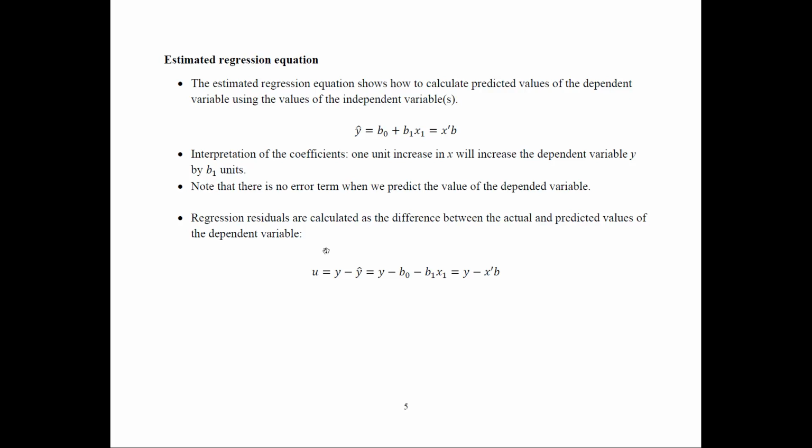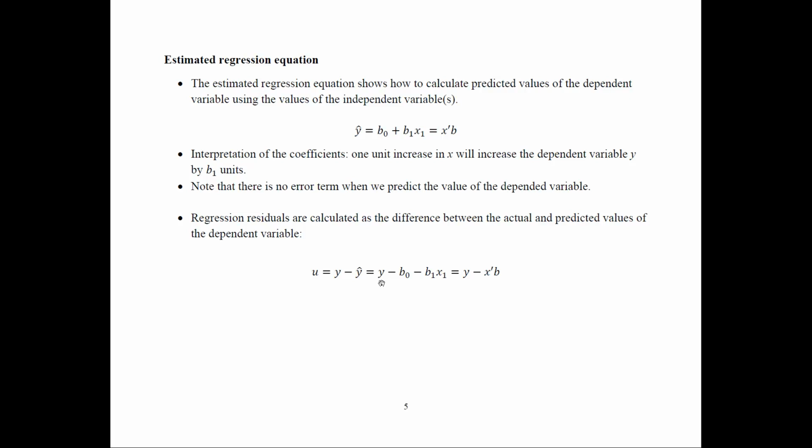So the regression residuals are calculated as the difference between the actual and predicted values of the dependent variable. So u would be equal to y minus y hat. Y is the actual value of the dependent variable. This is what comes to you in the data set. Y hat is the predicted value after you estimate the model and you plug the coefficients in the equation above, you can get these predicted values.